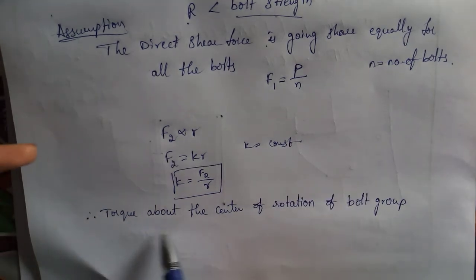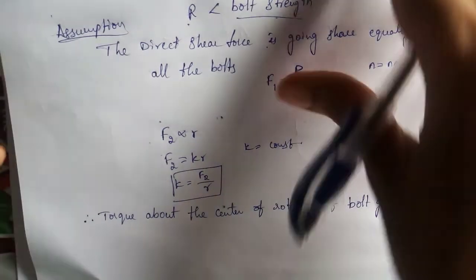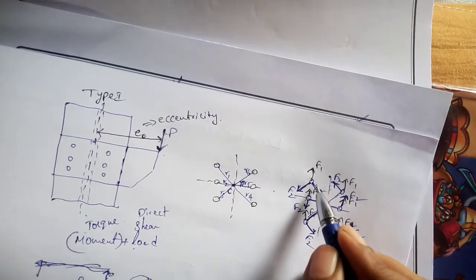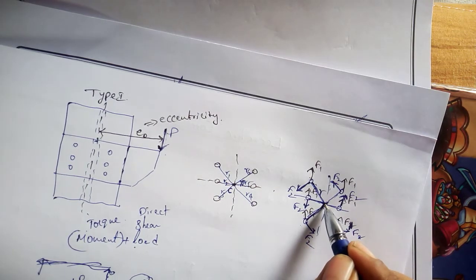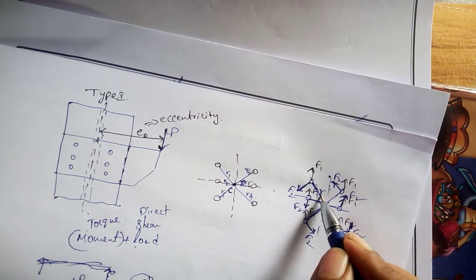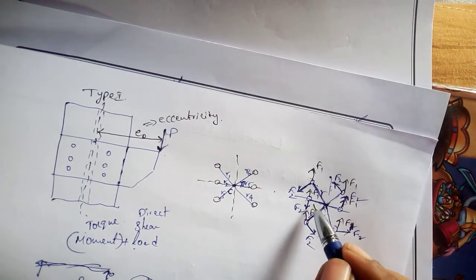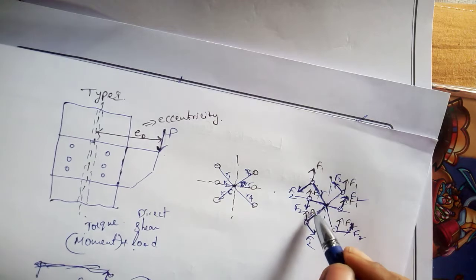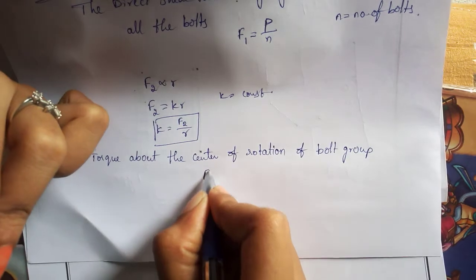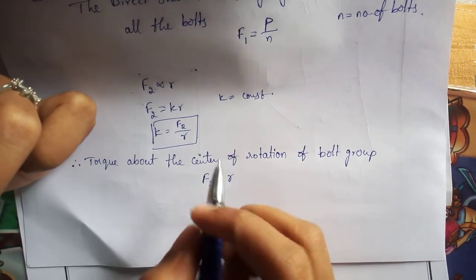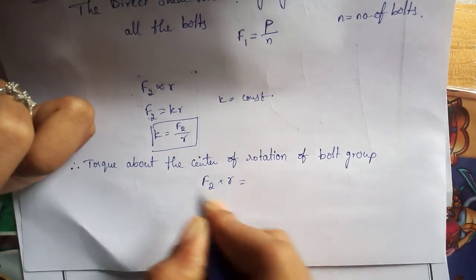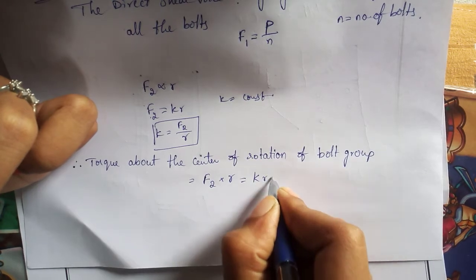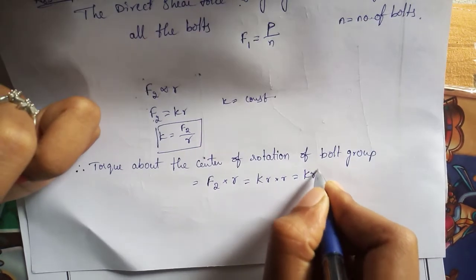Now, by taking the torque about the center of rotation of the bolt group. Torque is similar to moment, right? So about this center, torque is force into perpendicular distance, that is F2 into R, for every bolt. For F2 we can write K into R, so this is K R into R, that is K R square.